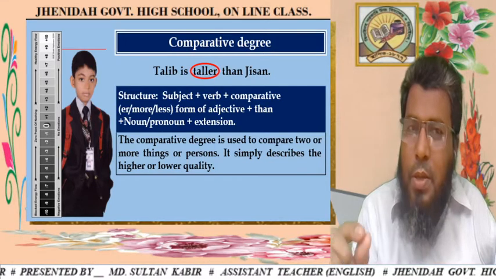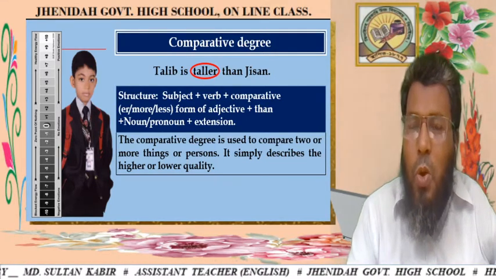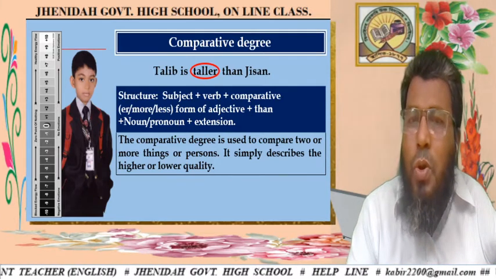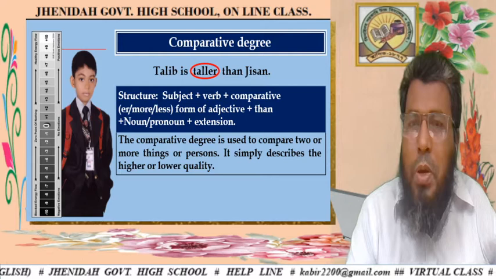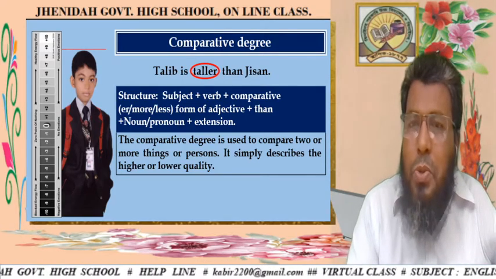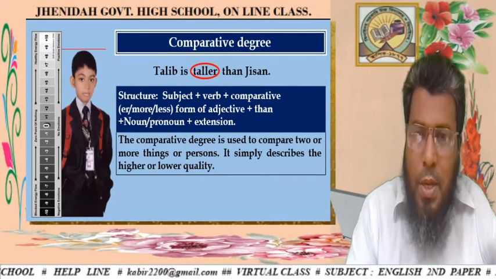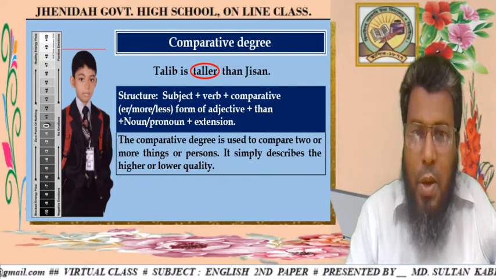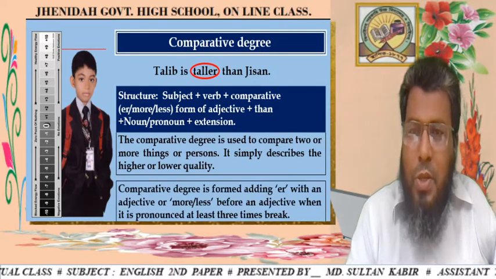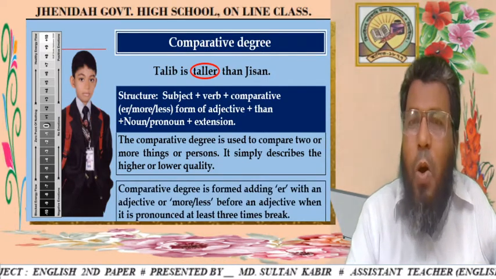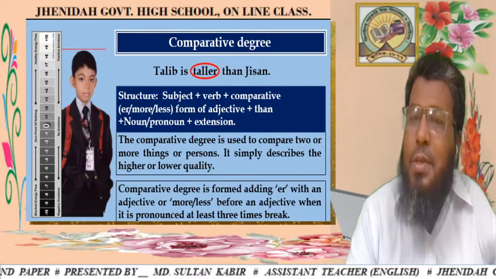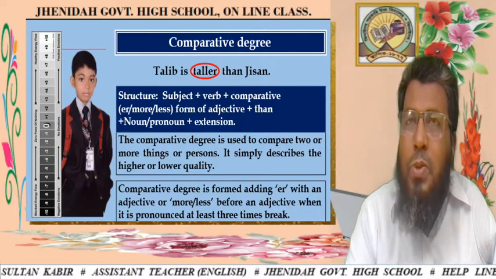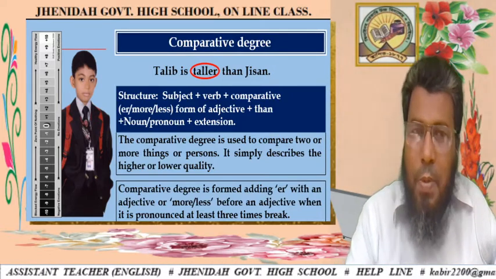There is an instruction for you. When or why do we use the comparative degree? We use the comparative degree to compare two or more things or persons. It simply describes the higher or lower quality. Now, there is another note for you. The comparative degree is formed by adding er to an adjective, or more or less before an adjective, depending on how many syllables it has.